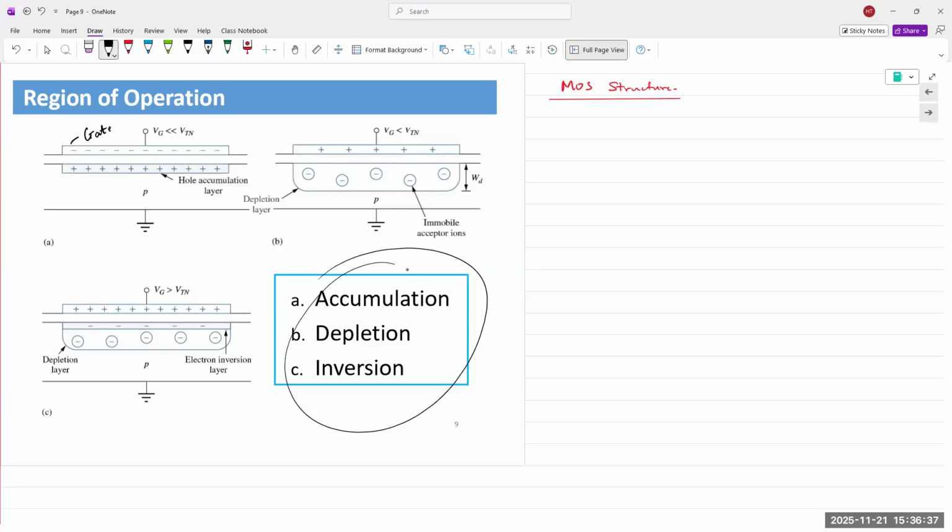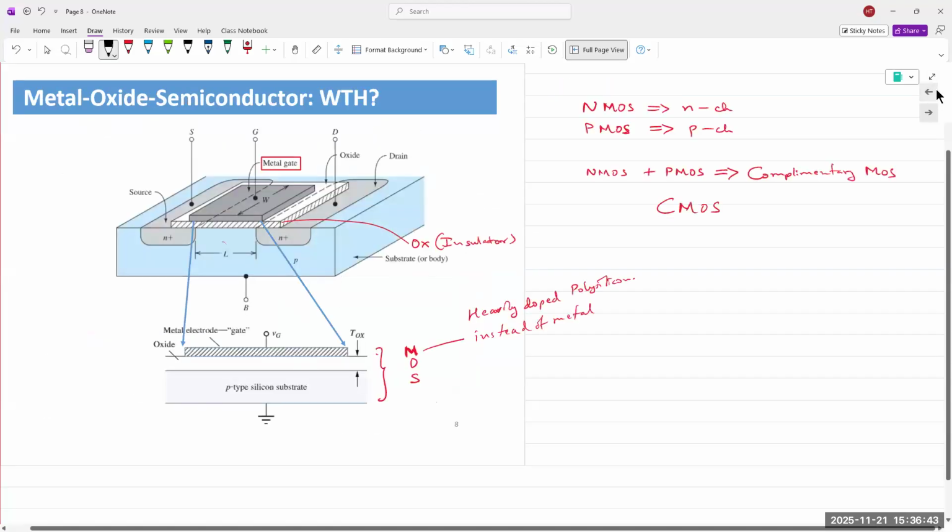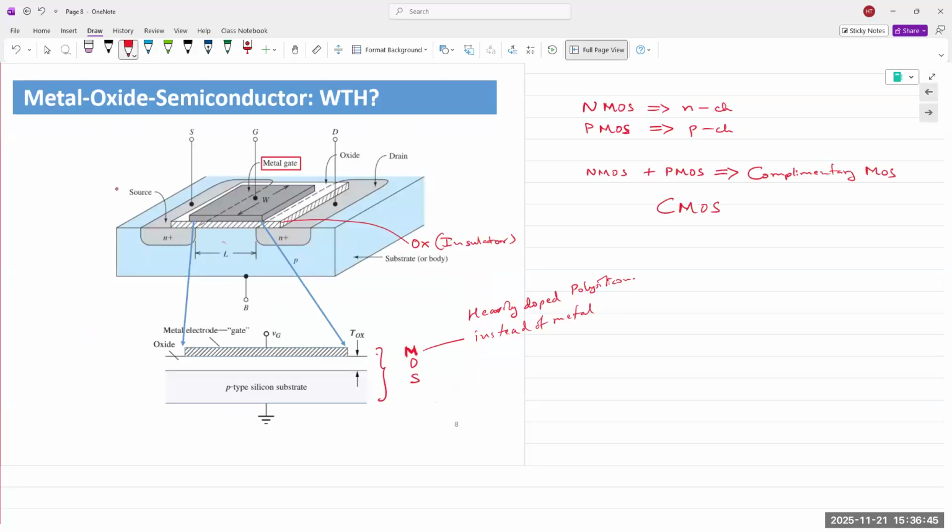I just want to point out that was the metal gate, but I didn't point out the source and the drain. I'll talk a little bit more about the fabrication in a later slide.